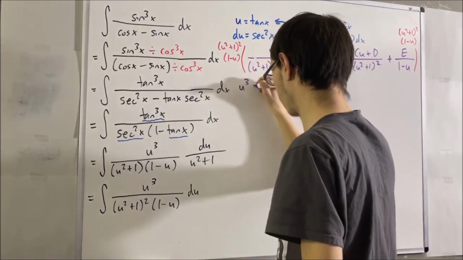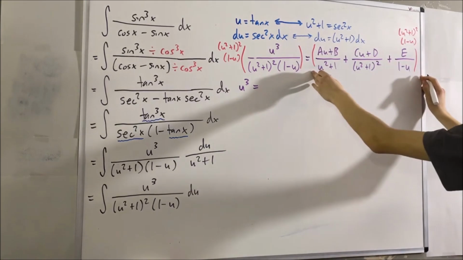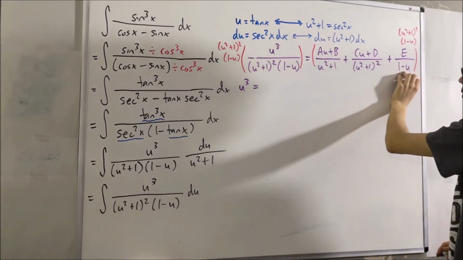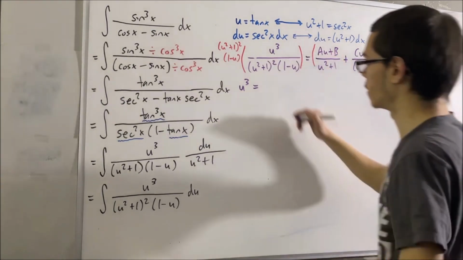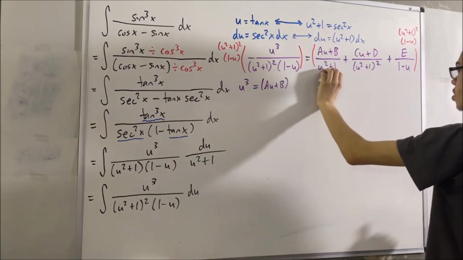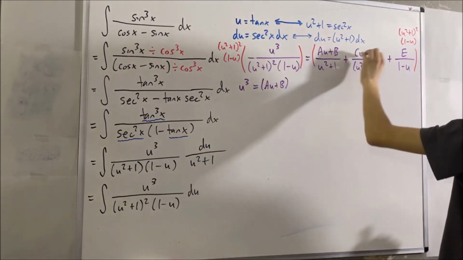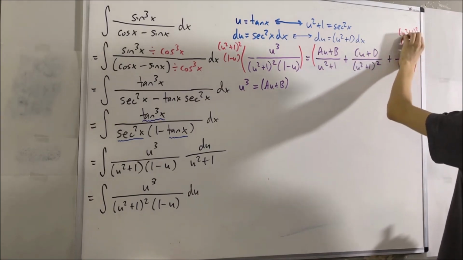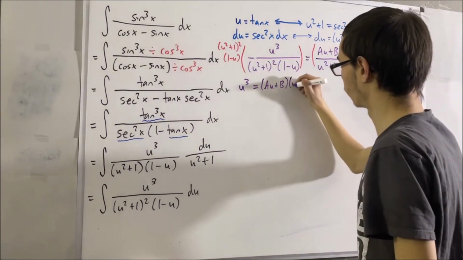As for the right side, we have three fractions to deal with. We have au plus b for our first fraction, but the u squared plus 1 is going to cancel out with one of the u squared plus 1s here. We're going to be left with u squared plus 1 times 1 minus u.